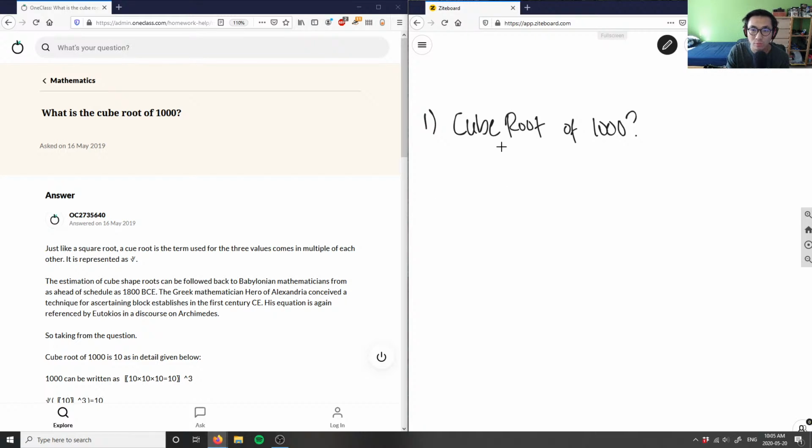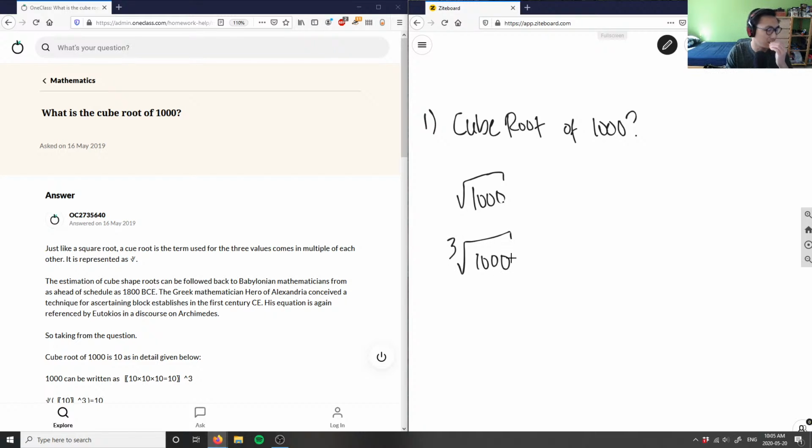If we know a square root of 1,000 looks something like this, a cube root is when you put a 3 before the root sign, which makes it a cube root.